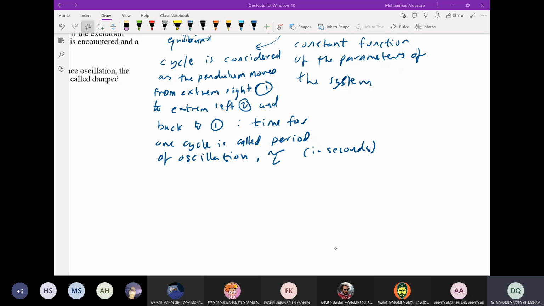For the pendulum, it is L and M. For the spring mass system, it is K and M. Then I defined a frequency as the reciprocal of the time of one cycle, which is not a function of K or L. You can use your stopwatch and measure the time for one cycle, but that will not be constant, because you can give a different initial theta 0.